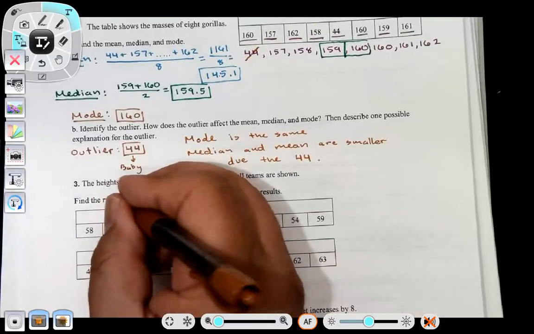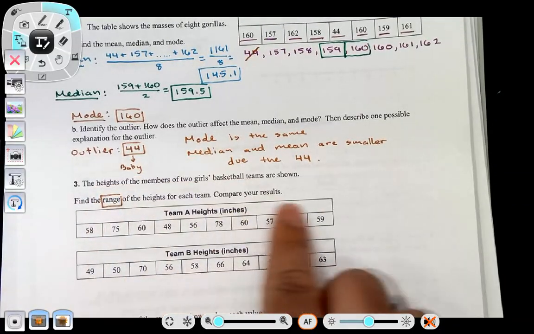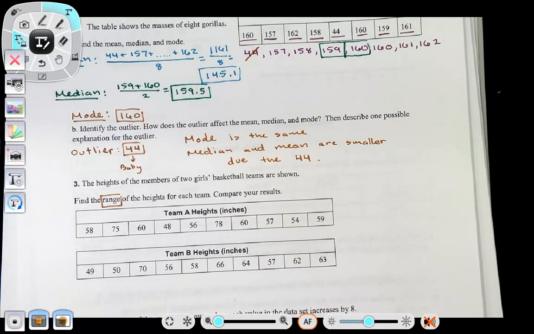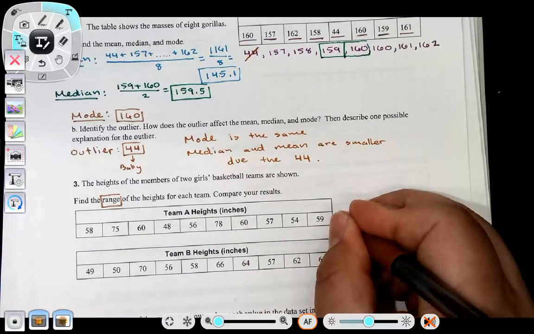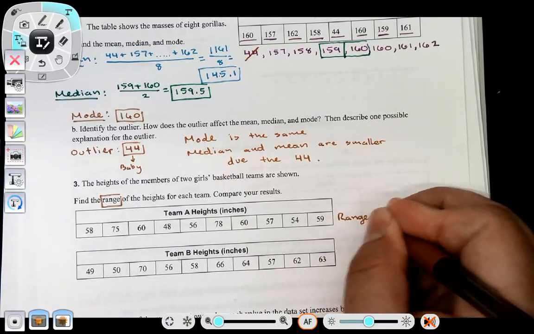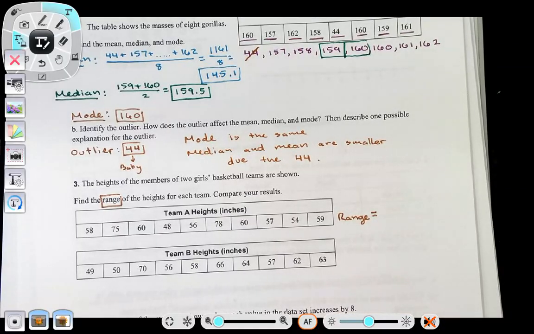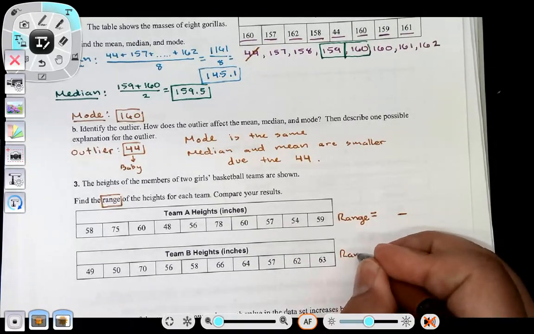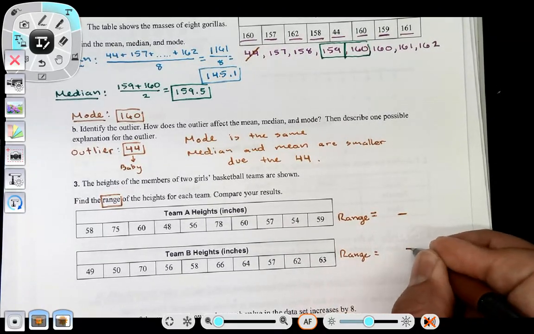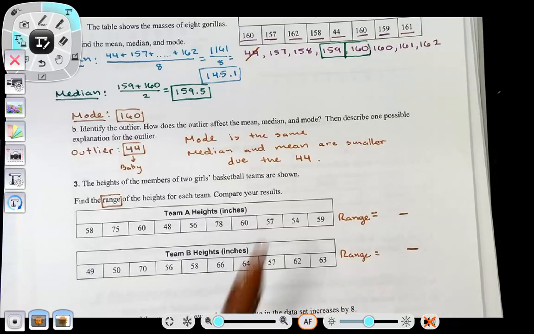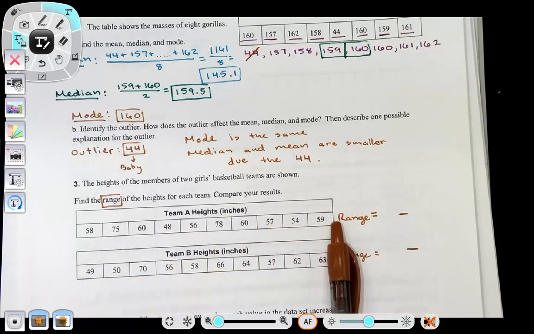They said, give me the range for each one, and then compare your results. So here's Team A and their heights. So how do I find the range for this one? Well, again, just tell me basics. For the range, what's the math I'm going to do? Subtract. Here's my range for this one, where again, I'm going to just subtract. All right, so what's the first thing I look at on Team A? The highest.